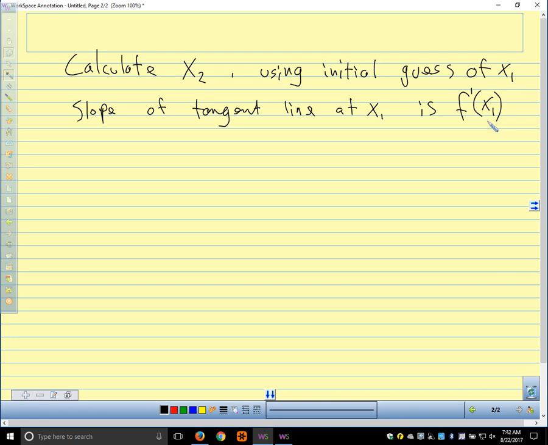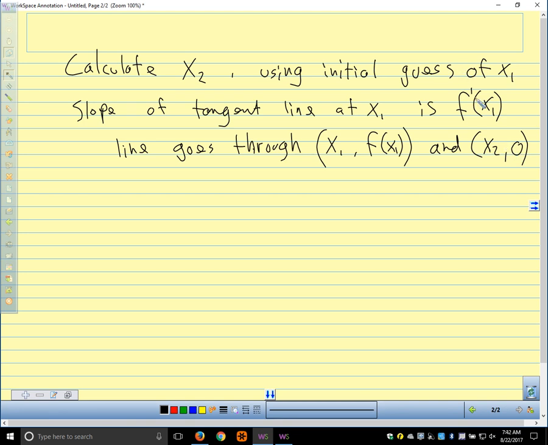And we have the points the line goes through: x1, f of x1. And we want to find the intercept of that tangent line, x2 comma 0. We want to find the x-intercept of that tangent line.